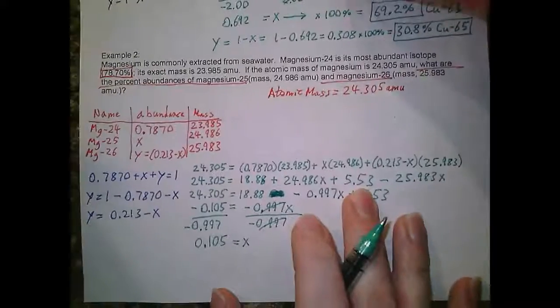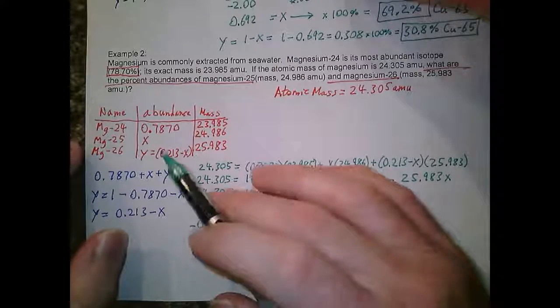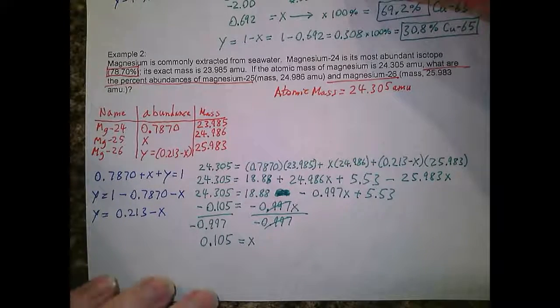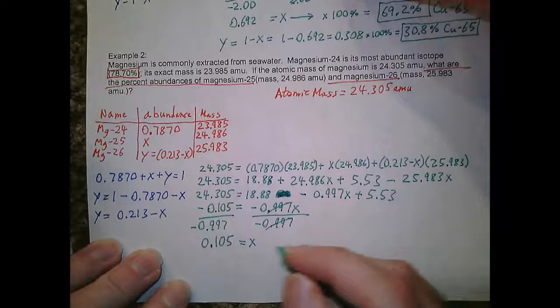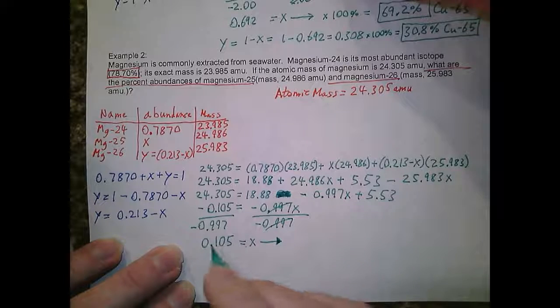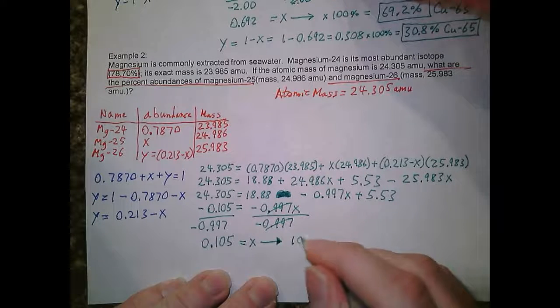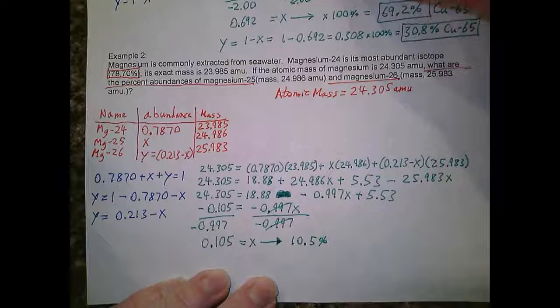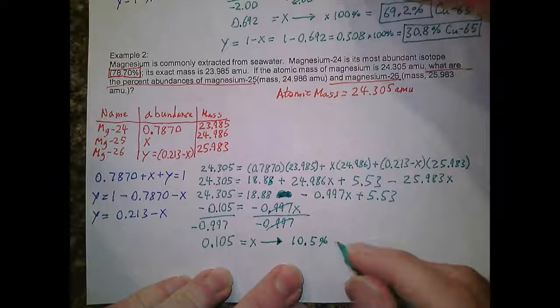We just solved for x. That's the abundance of magnesium 25. As a percent, we multiply by 100, so we have 10.5%, and our isotope is magnesium 25.